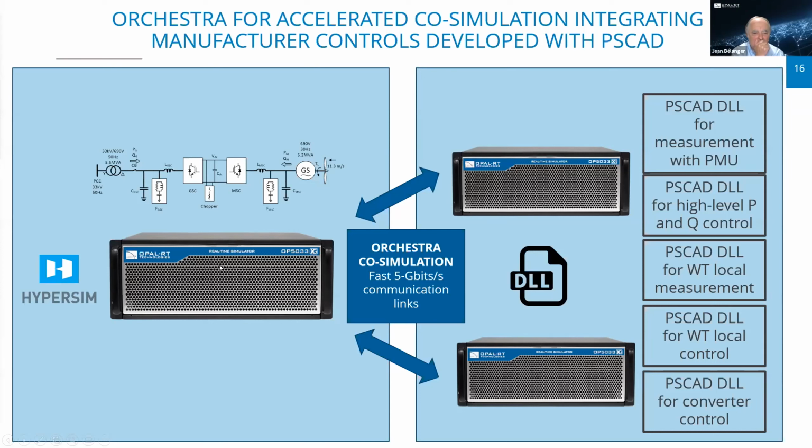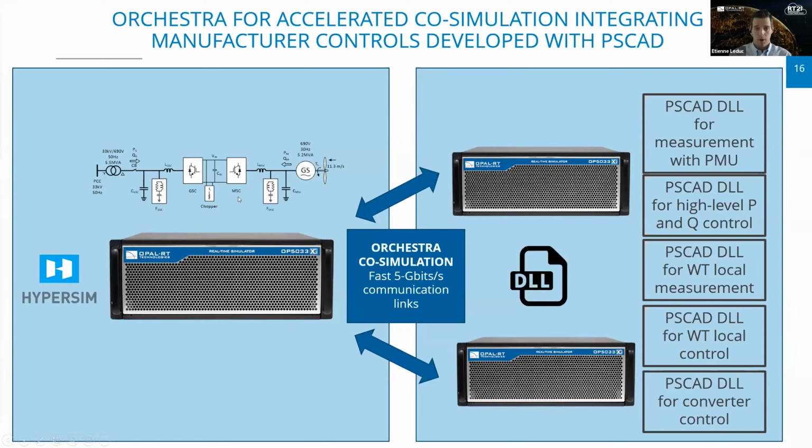So we do have a real-time simulator that is dedicated to simulating the power system or the plants, and we have dedicated systems for the DLLs. Why is that separated? We need to be able to optimize the PC technology for the different loads.